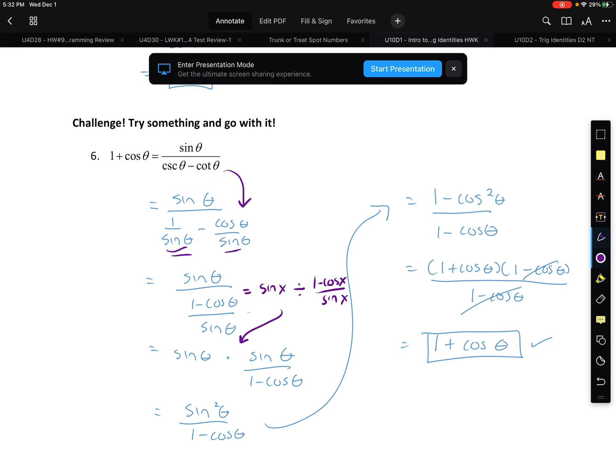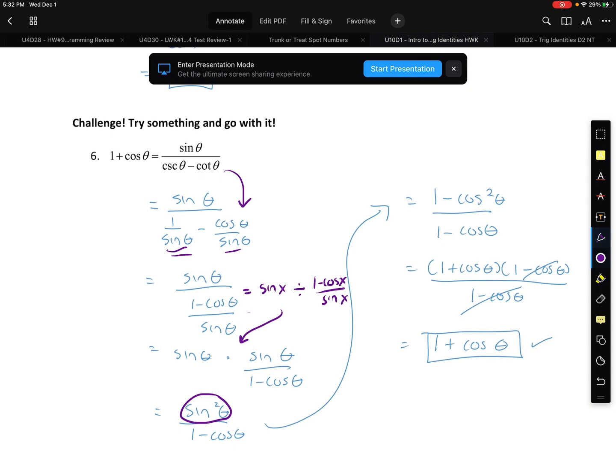So the first key rule going on here is we use that common denominator. Then when we multiply, we get sine squared. Well, same as the problem above. Sine squared is 1 minus cos squared over 1 minus cos. Now, this is a rule we're going to learn about in a few days, but we can factor. We talked about factoring before break, so we can get our factoring skills back together.